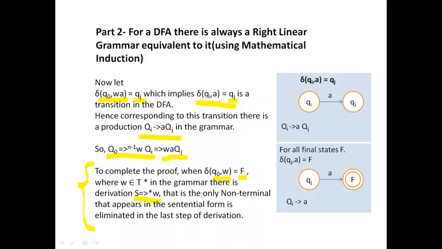And so in the corresponding right linear grammar, we will have a derivation where we start with the start symbol and derive W exactly. So that completes our proof of equivalence of finite state automata and regular grammar.